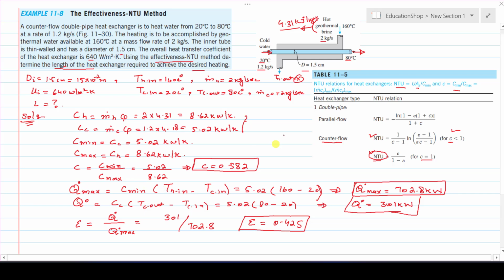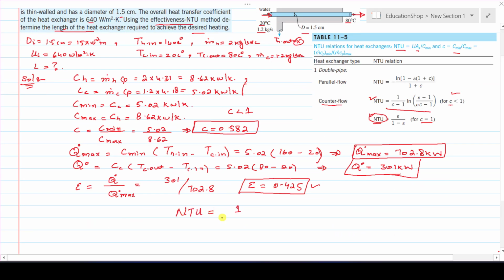You see that from this table 11.5 the value of C is less than 1, so you will use this formula in order to find the NTU value, and we have also calculated the effectiveness of the heat exchanger. I'm writing this formula on the notebook and just plug in the corresponding values.